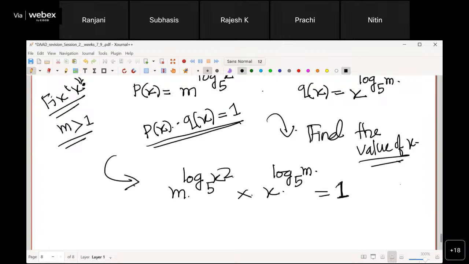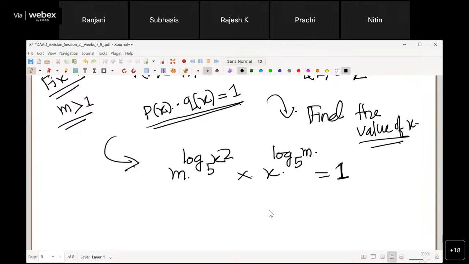Yes. So from here, what can you conclude? I'm just assuming log on both sides. So you are taking log on both sides. Log what? Log 5, right? You need to take log 5.